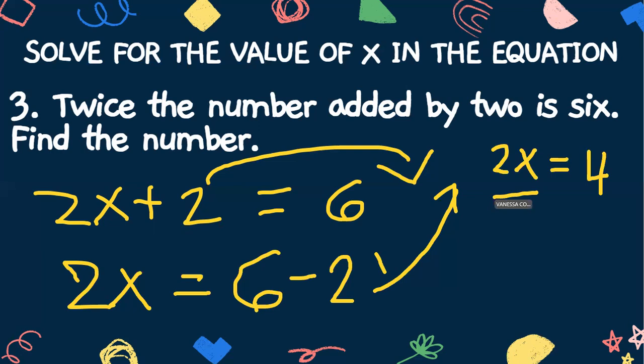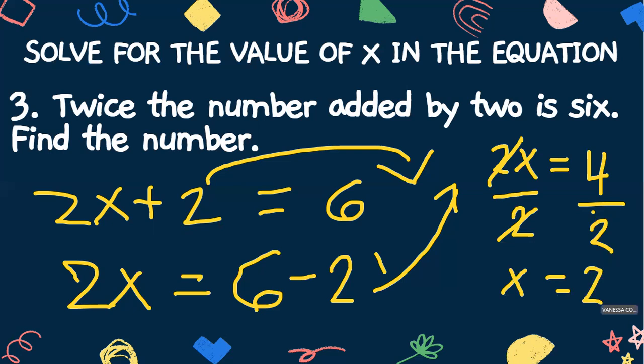Ano yung kasama ni variable? That is 2. Divide natin parehas kay 2. So, di ba? Cancel, cancel. Kasi 2 divided by 2, that is 1. Kaya ang matitira is x. Then, 4 divided by 2 is equals to 2. Right? So, ang sagot natin is x is equals to 2. Alright? So, the value of x is 2.